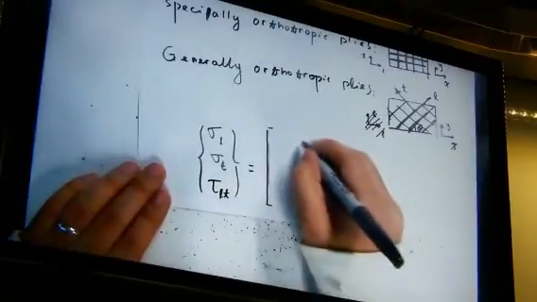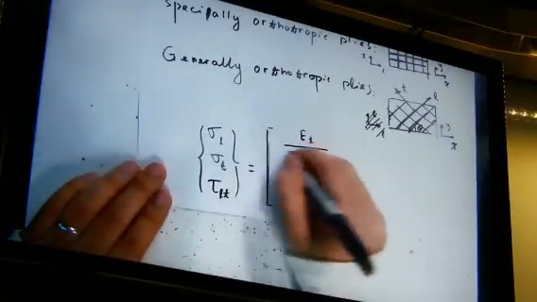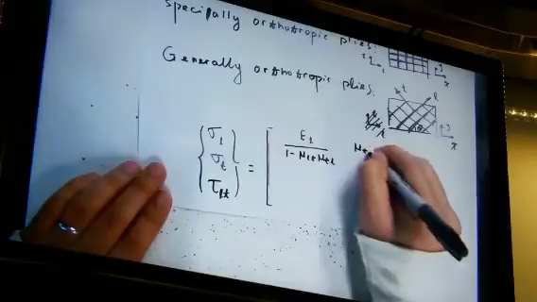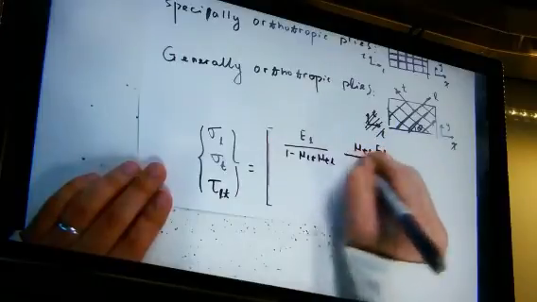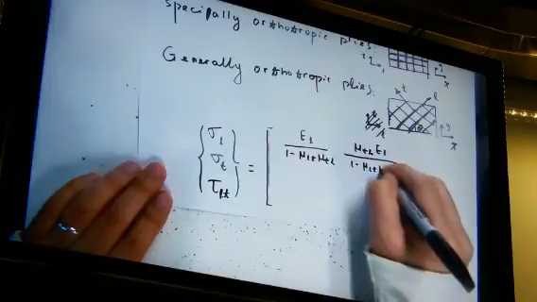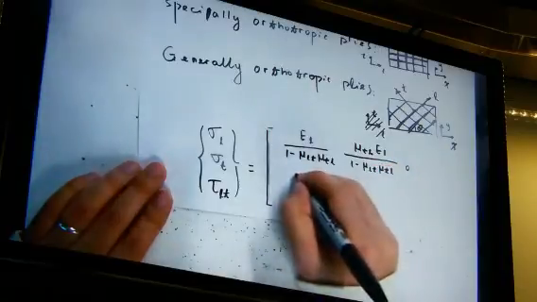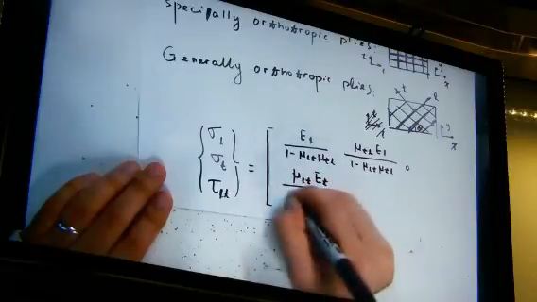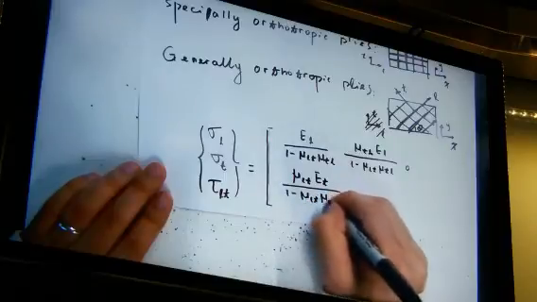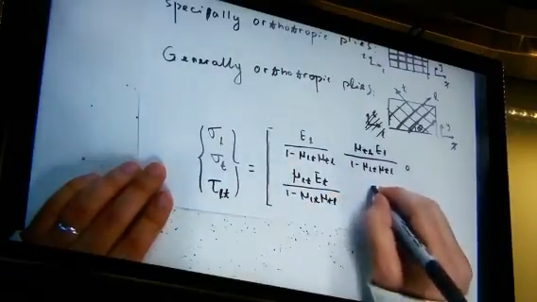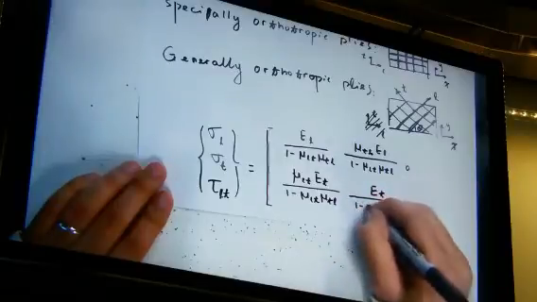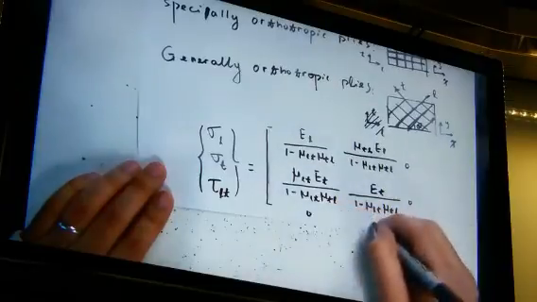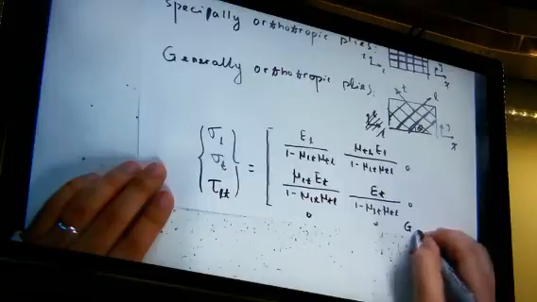You are going to need some equations I wrote here: mu LT, mu TL, EL over 1 minus mu LT mu TL, 0; mu LT ET over 1 minus mu LT mu TL; ET over 1 minus mu LT mu TL, 0, 0, 0, GLT.